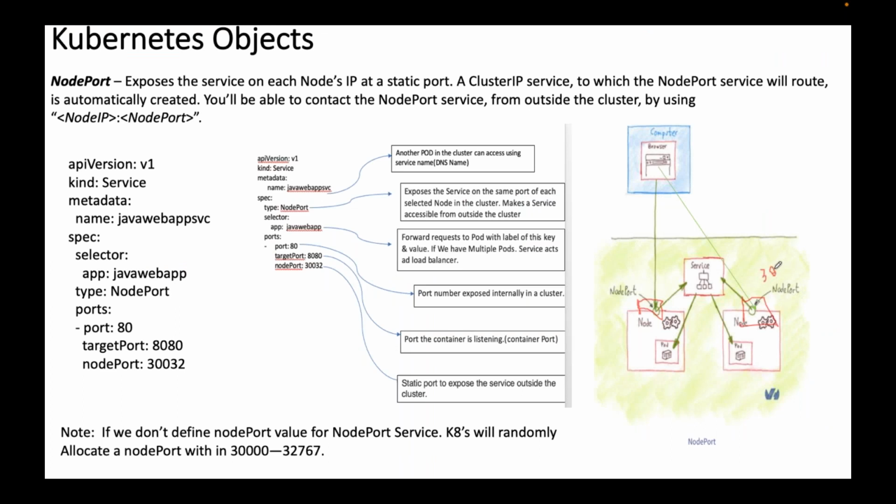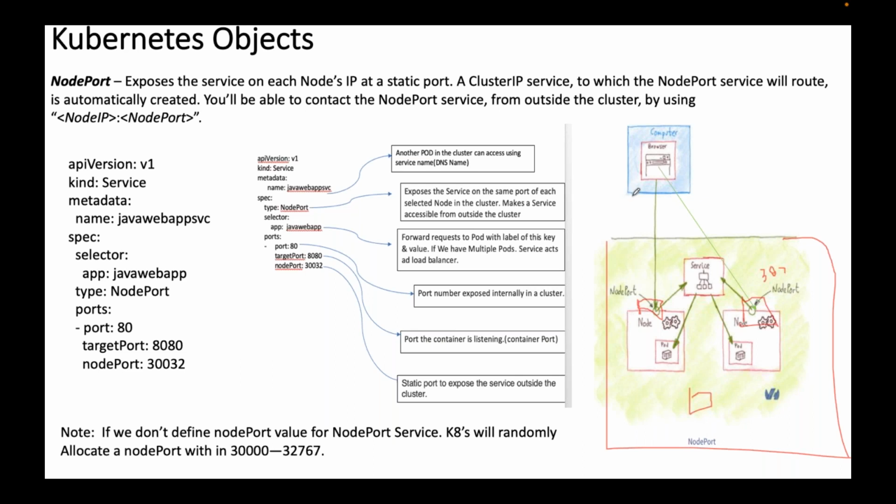Now, if I want to access it from outside, can I use this server IP or this server IP or any other node IP which is part of my cluster? This is my cluster. This is one node, this is another node, this is another node. Can I use any node IP, which means server IP, and this node port 30,077?